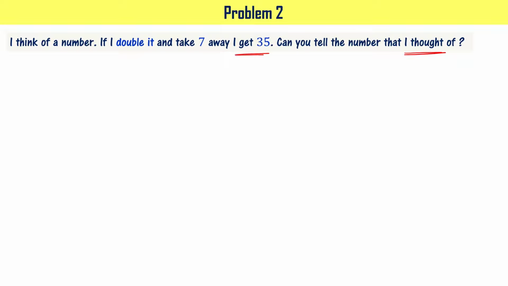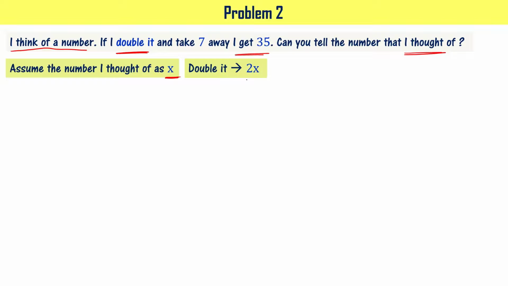To do that, let's first assume the number I thought of as x. Initially, it is said that I think of a number, right? That number, I am assuming it to be x. Now, it is said that you double it first. It means it becomes 2x, right? When you say double it, it can be x plus x, that is 2x, right?